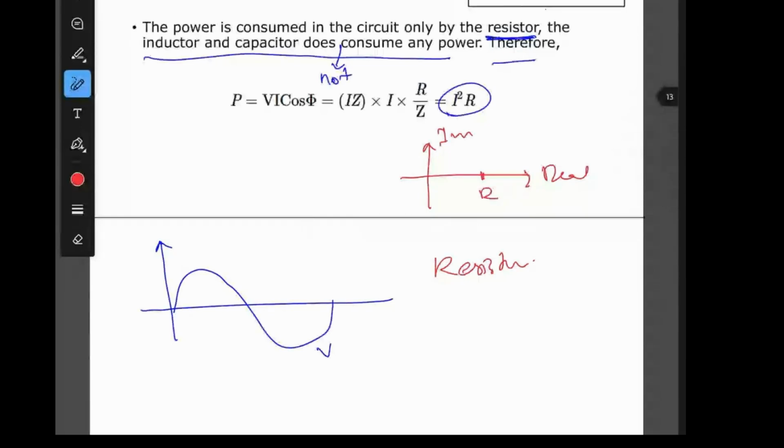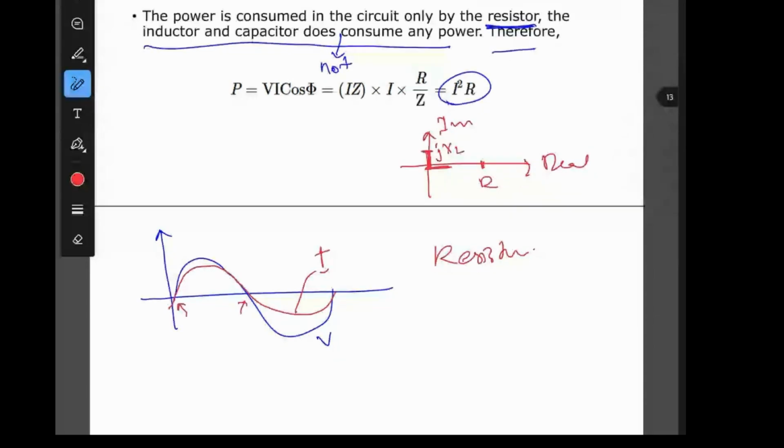This is the current waveform in red and the voltage waveform in blue. So that means they are in the same phase. Look here, they cross at the same phase for the resistor.